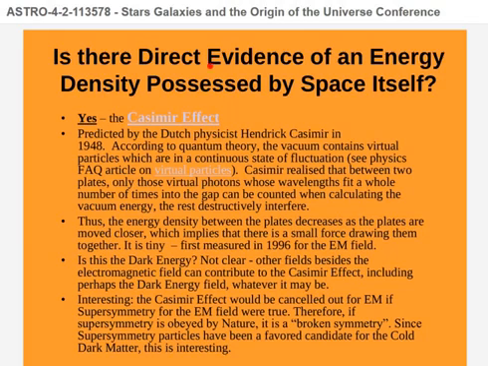So is there any direct evidence for an energy density possessed by space itself? And the Casimir effect is related to that. So the Casimir effect was predicted by this Dutch physicist way back in 1948. According to quantum theory, vacuum contains virtual particles, which are in a continuous state of fluctuation.